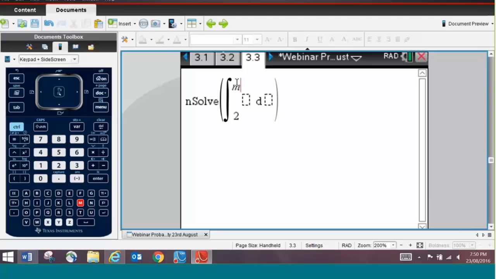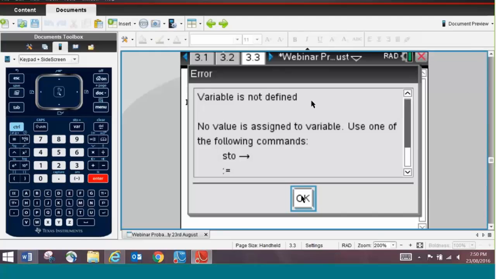If I call this m, and I put in f of x, which it knows, and I'm going to solve that for m. Sorry, I need to put in equals 0.5. There we go.